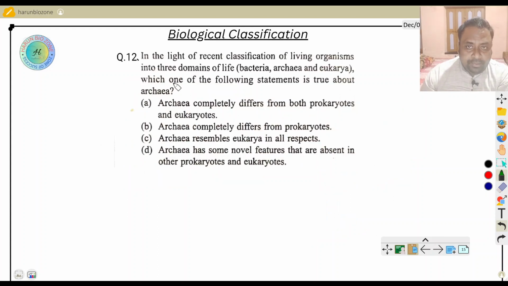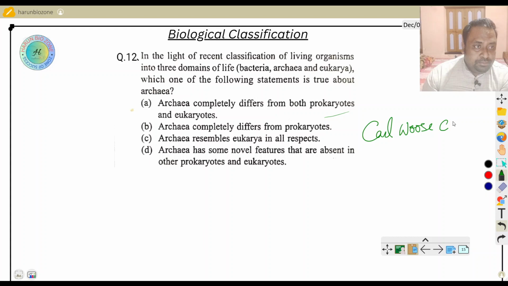Next question is, in the light of recent classification of living organisms, meaning Carl Woese classification. This is a recent mode of classification, that is the three domain system of classification.